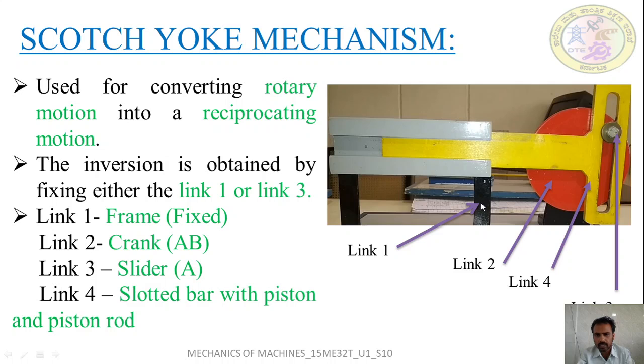Link 2, which is like a circular disc, forms the crank. Link 4 is the slotted bar with the piston rod, and link 3 forms the slider.